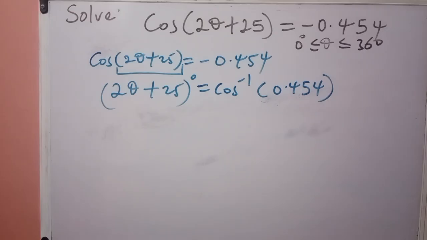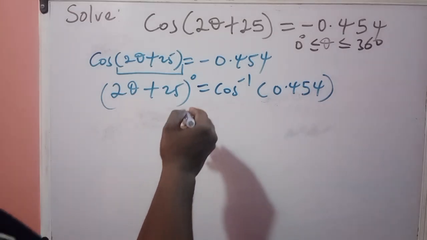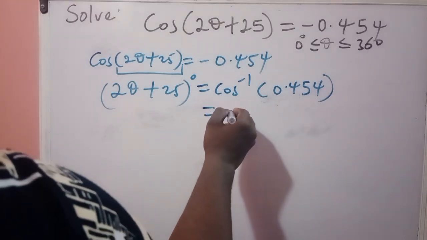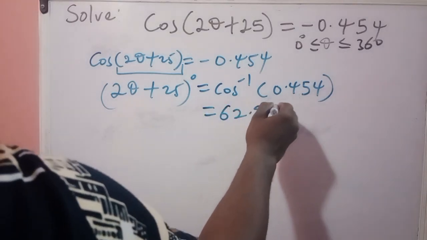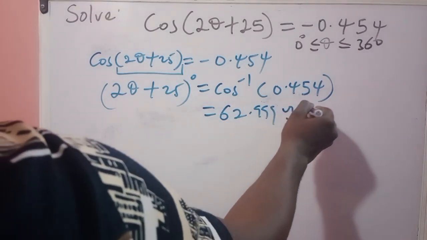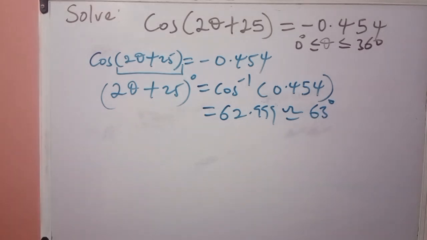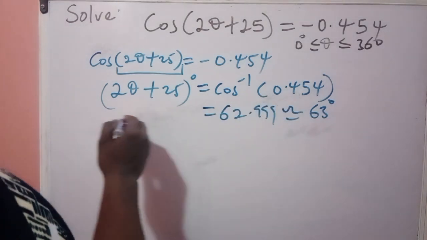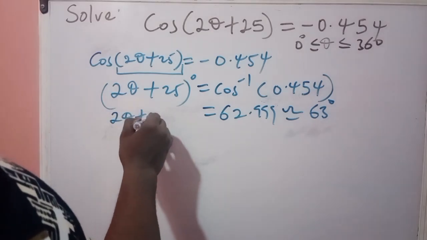So when you do the arc cos of 0.454, what you're going to get is 62.999, which is obviously 63. So it's okay for us to write it as 63 degrees. All right. So don't forget, this is the value for 2 theta plus 25 degrees.